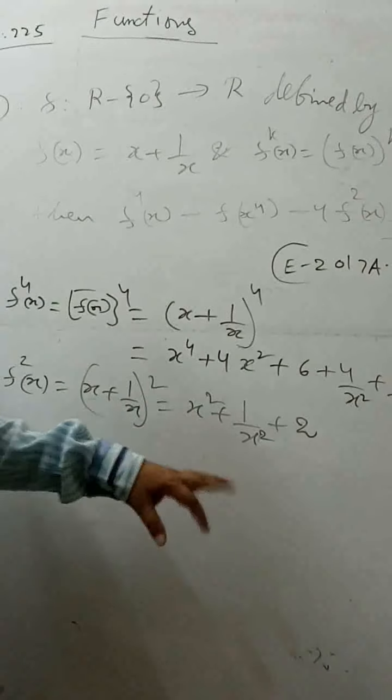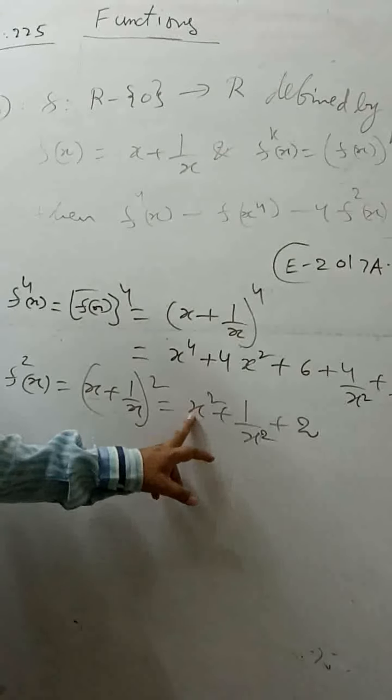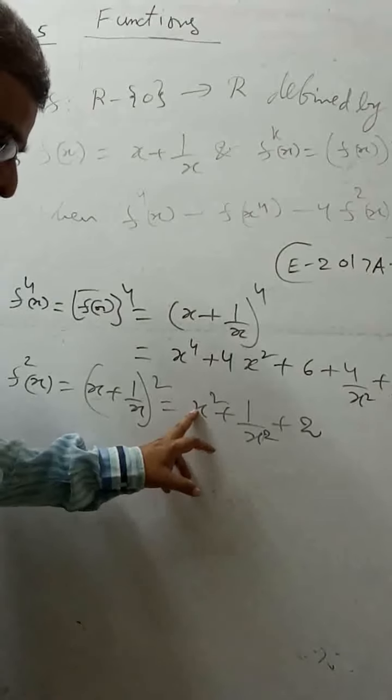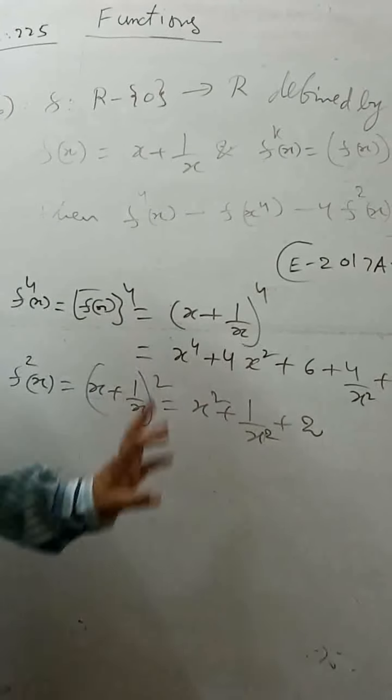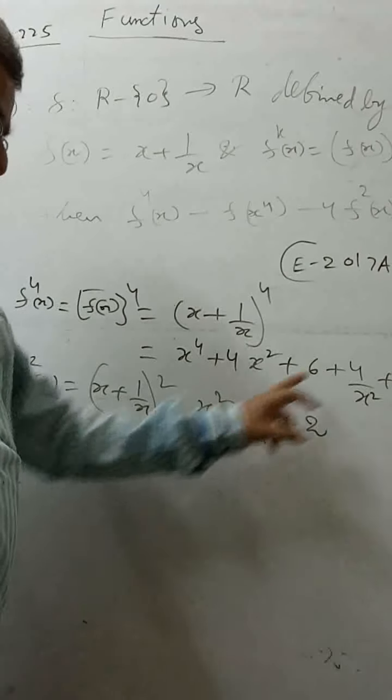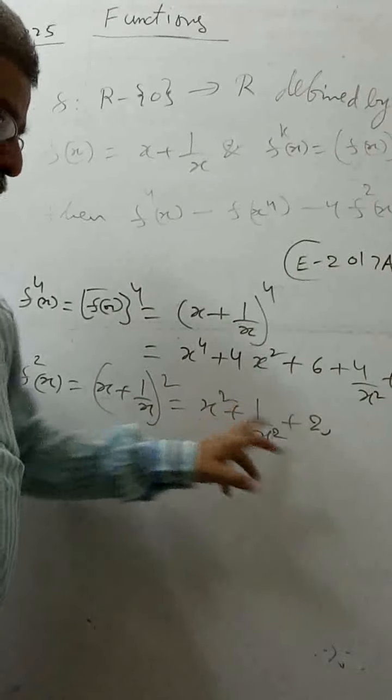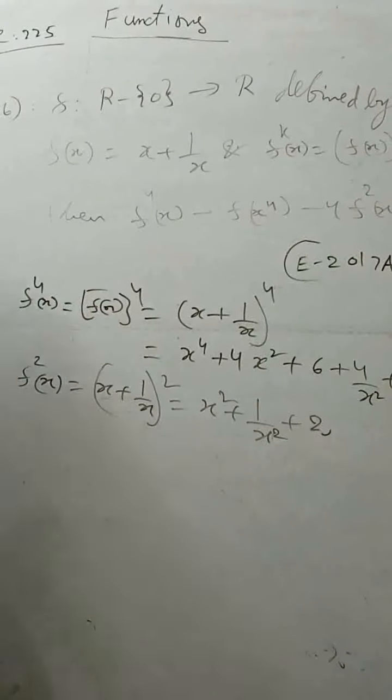Next 2ab: 2 into x square into 2 gives 4x square, like 2 into 1 by x square into 2 gives 4 by x square, 2 into x square into 1 by x square gives 2. 4 plus 2 is 6. So the same answer we will get, that doesn't matter.